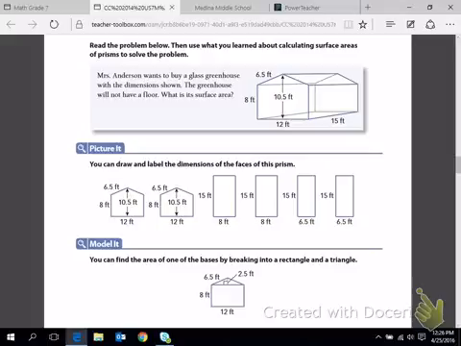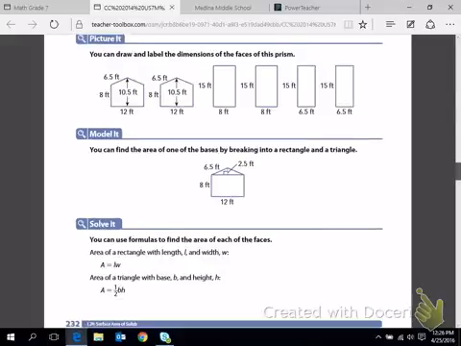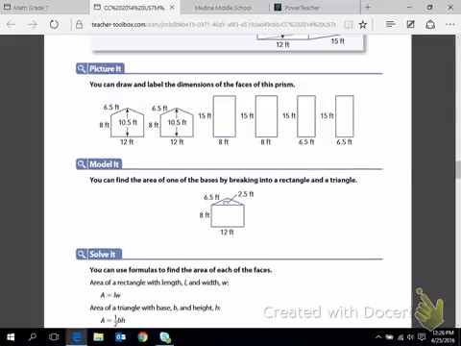After we pictured what shapes we're going to be looking at, you can model it, and you see that you're finding the area of one of the bases, which is a pentagon, by breaking it into a rectangle and a triangle, because we do know those area formulas.